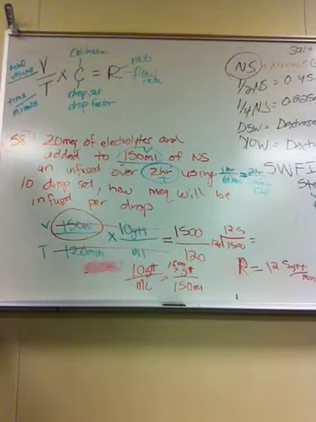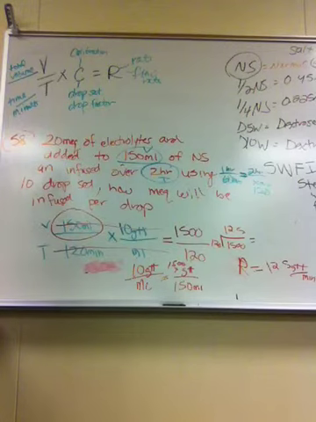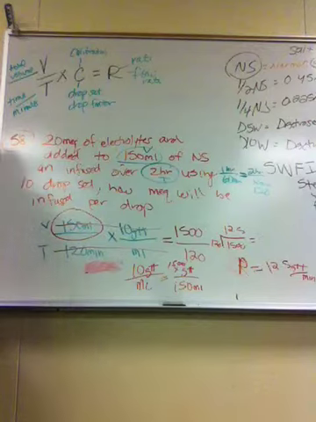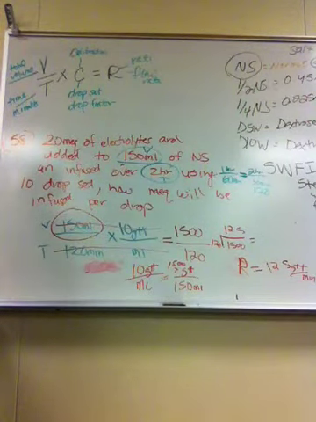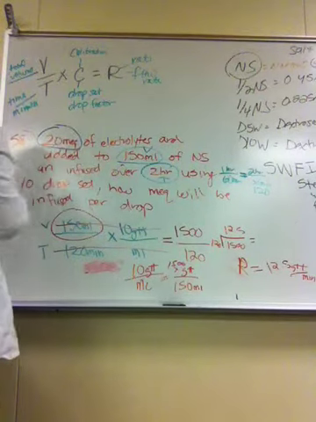Okay, now what does the question say? How many MEQs will be infused per drop? How many MEQs are in that total IV bag? That's right, there's only 20. We're not changing the quantity of anything.